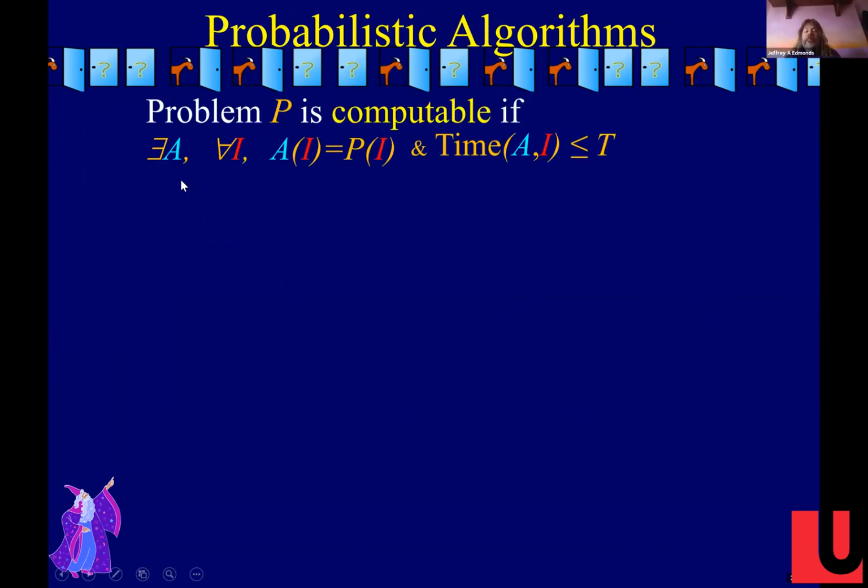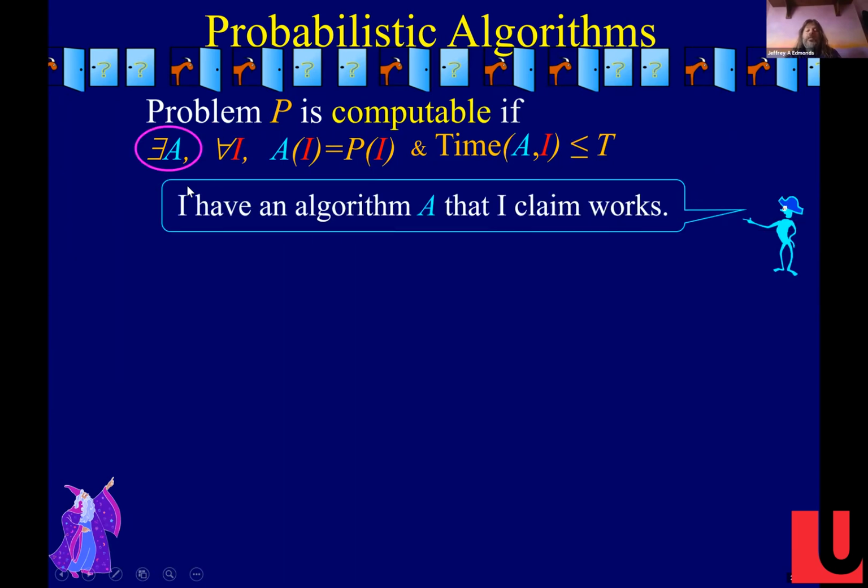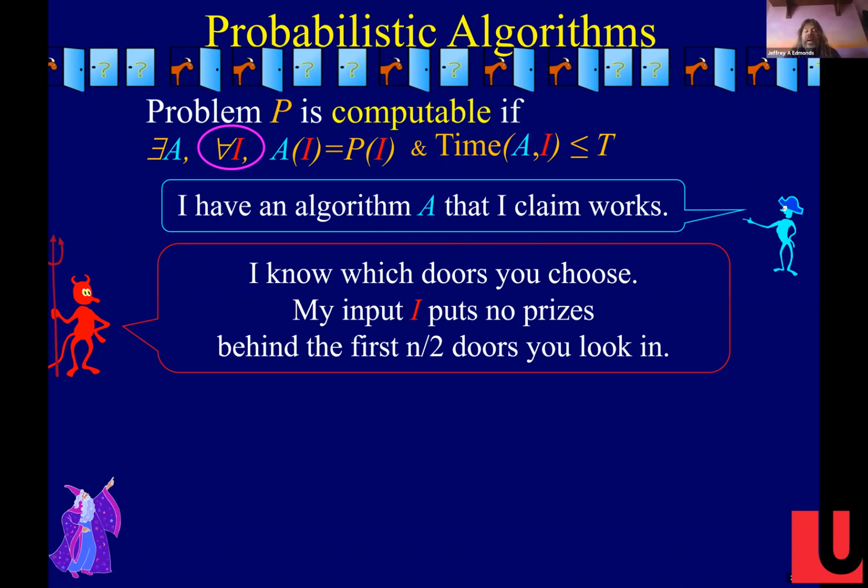So here's the game. We've seen this kind of game before. We're claiming there exists an algorithm. The prover comes up with the algorithm, which says the order in which we look at the doors. Then the adversary knows the algorithm.